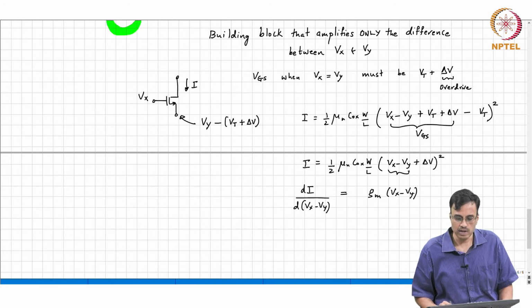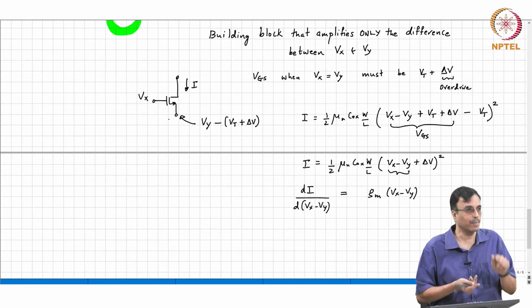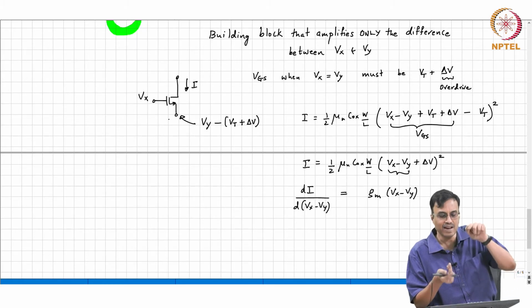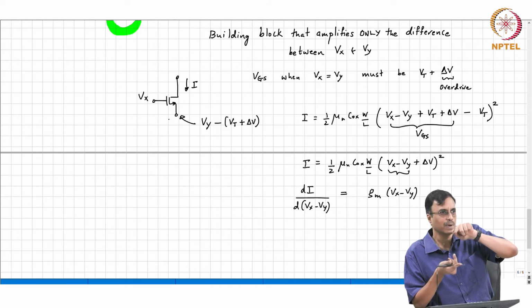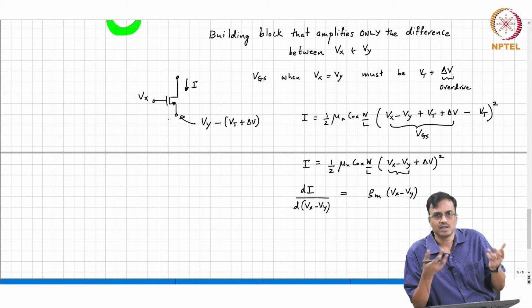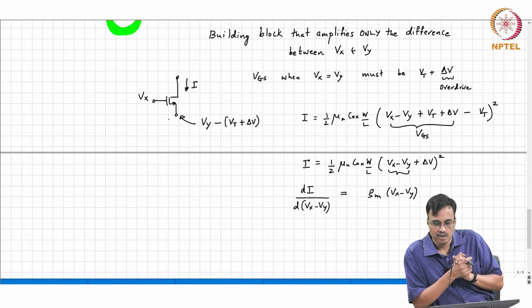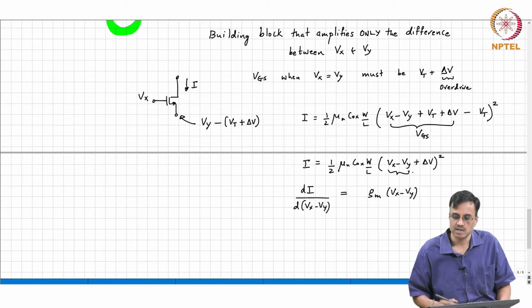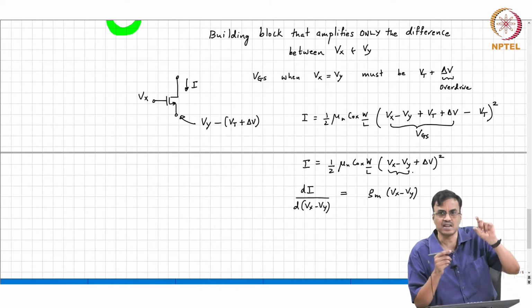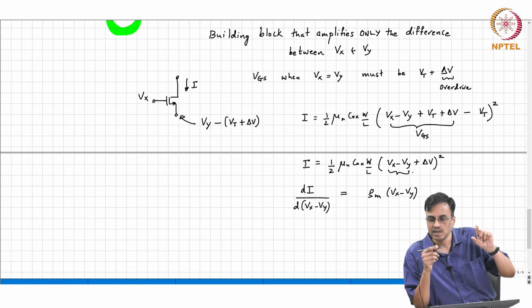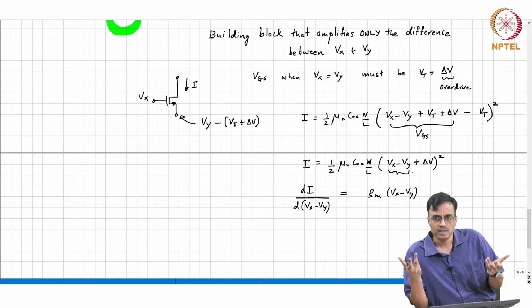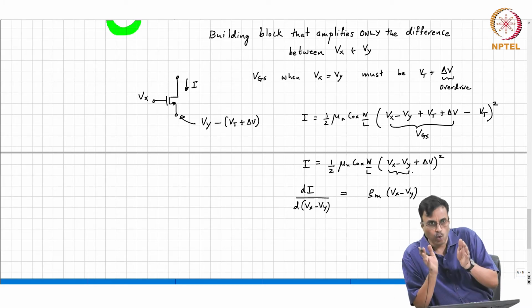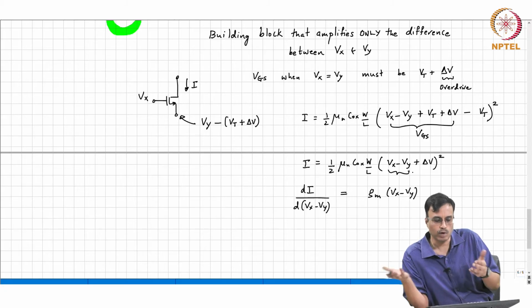So, at the source, rather than applying Vy, we applied Vy minus Vt plus delta V. The transistor still responds to only Vx minus Vy, and for small changes in Vx minus Vy, the change in the drain current of the transistor is gm times Vx minus Vy. To get a large gain which is only dependent on Vx minus Vy, therefore, what will we continue to do?